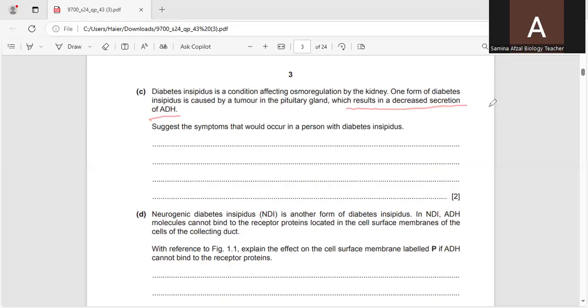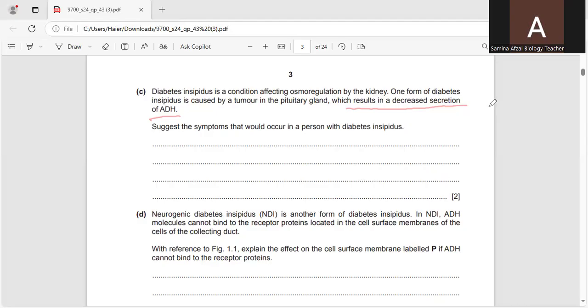So they may urinate frequently, and due to which they pass a large amount of dilute urine. Nocturia is also another condition which is produced as a result of not producing the ADH in accurate quantity. So in nocturia, what happens? The frequent nighttime urination takes place, and as a result, dehydration takes place in the body.